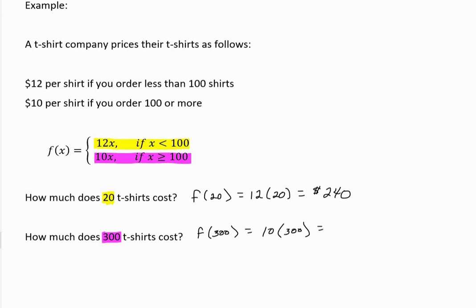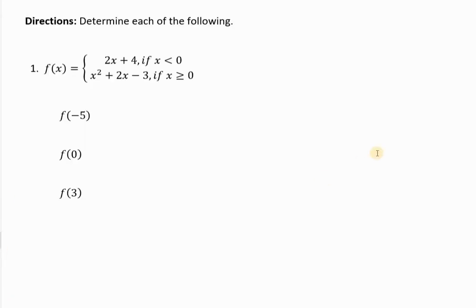So that's going to be $3,000. So that's a real-world example of where you're going to be using piecewise functions. Okay, let's look at some problems like you're going to see in my math lab.